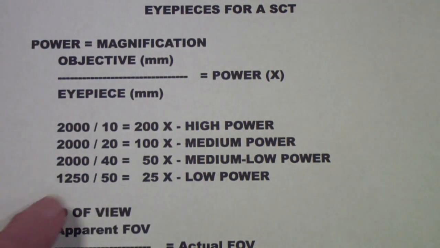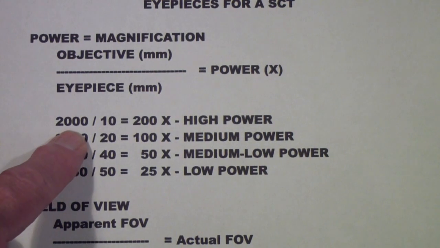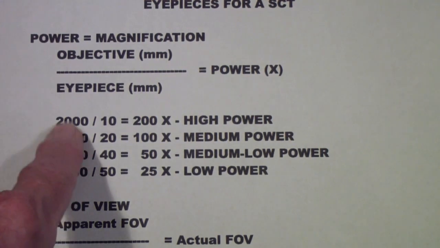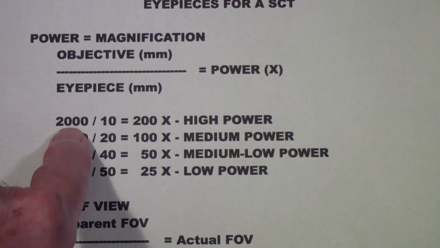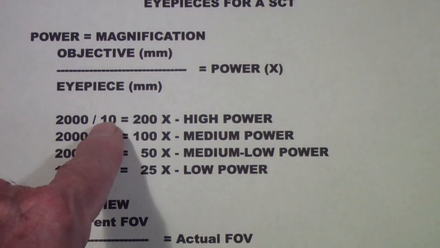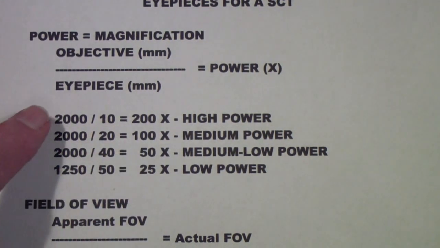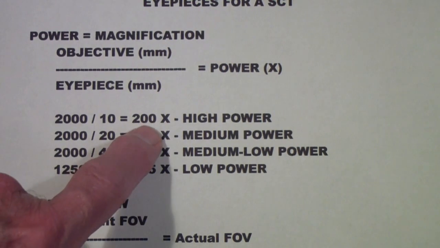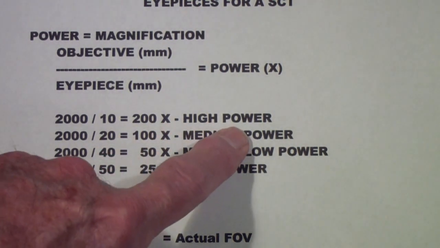So let's look at some examples. If you have a 2,000 millimeter Schmidt-Cassegrain, for example, and this is true of all telescopes, but I'm just using Schmidt-Cassegrain because that's what I tend to prefer. If you have a 2,000 millimeter objective and you put a 10 millimeter eyepiece in it, you will get 200 power. That's usually called high power.